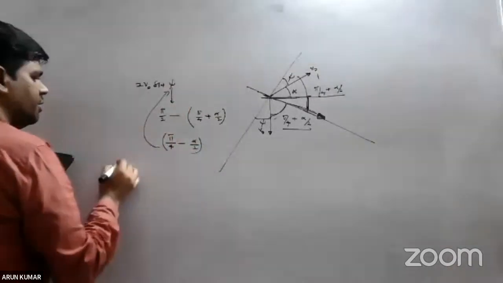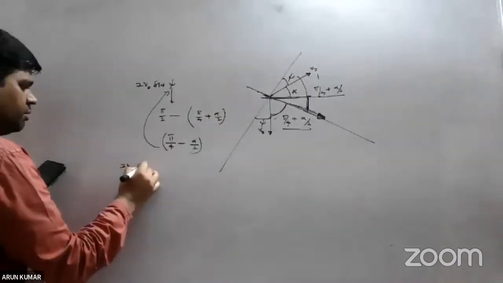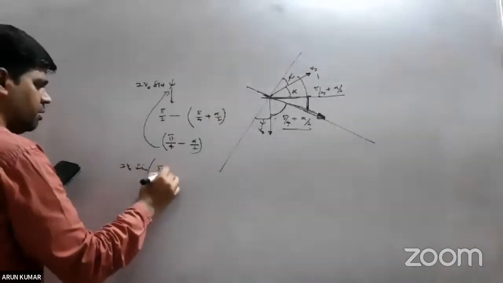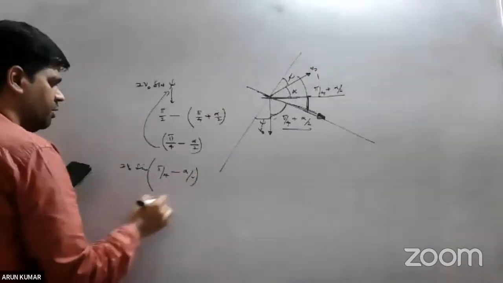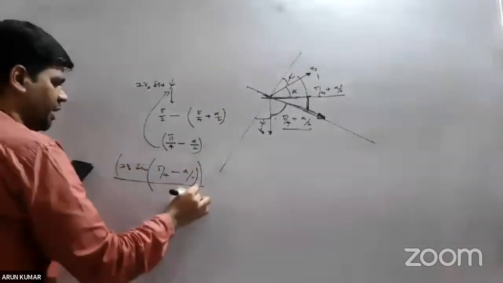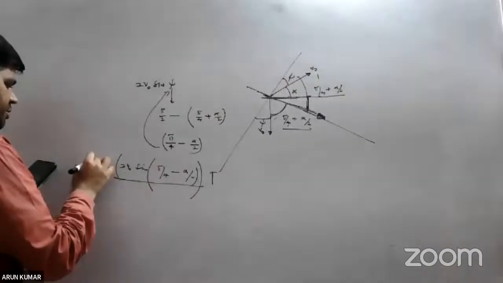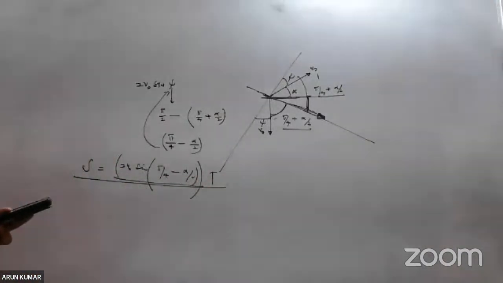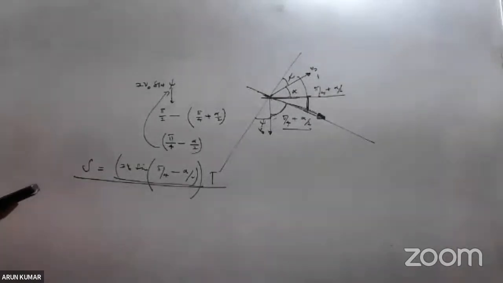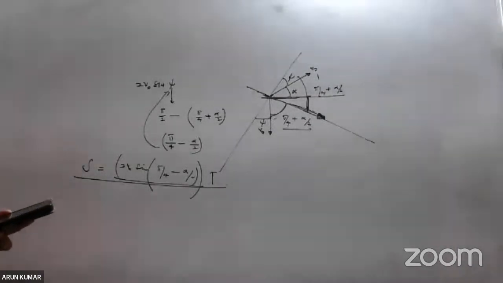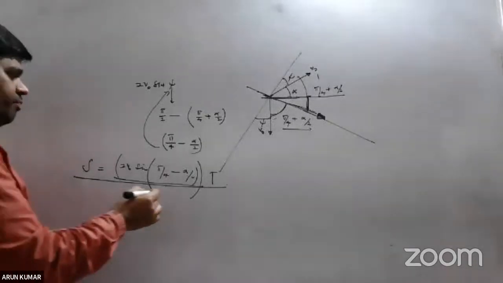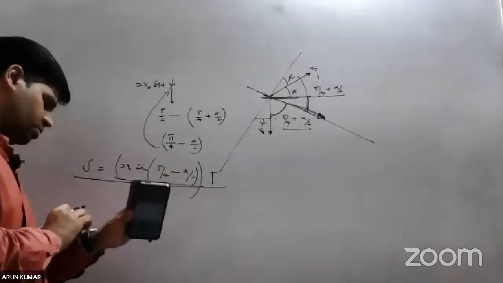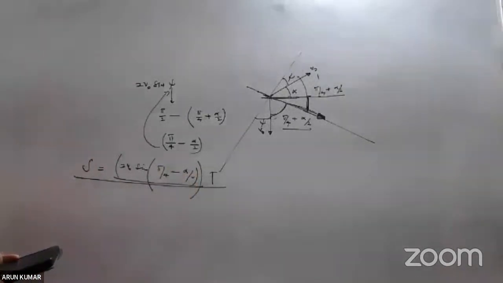I substitute this over here, so I have 2 V naught sine of pi by 4 minus alpha by 2. This is my relative velocity; multiplied by time it will give me the separation. So option C: 2 V naught t sine of pi by 4 minus alpha by 2. Is this clear, students?